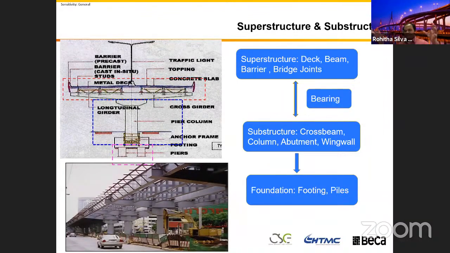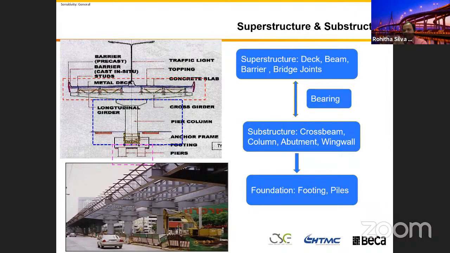You have a significantly massive bridge superstructure, as you will see during the presentation, and massive substructures as well. But you link them together by a very small piece of rubber, or rubber combined with metal, which we call a bearing.